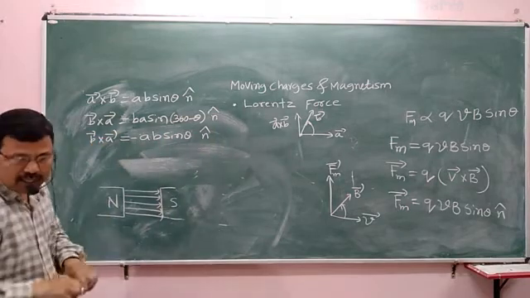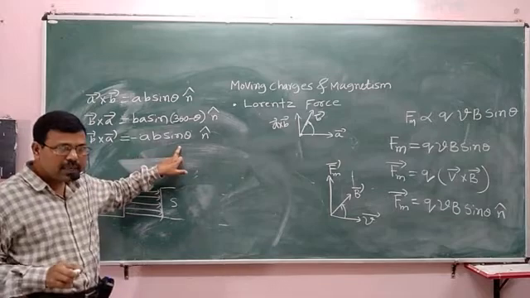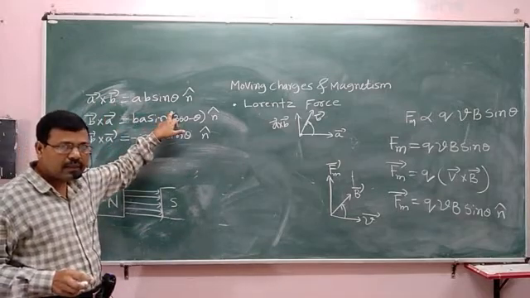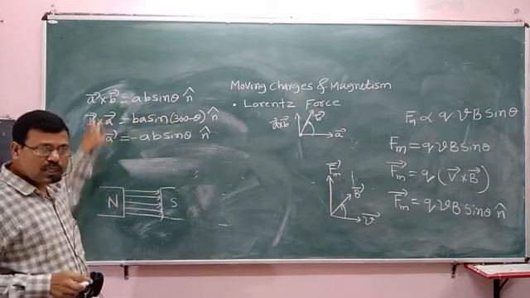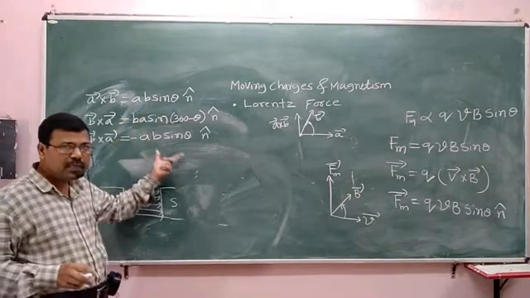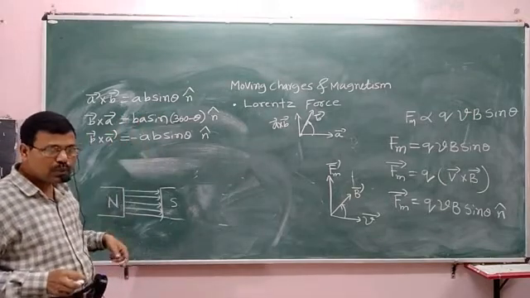B cross A is minus AB sin theta. A cross B is AB sin theta. A cross B is not equal to B cross A. Magnitude may be the same, but directions are opposite.